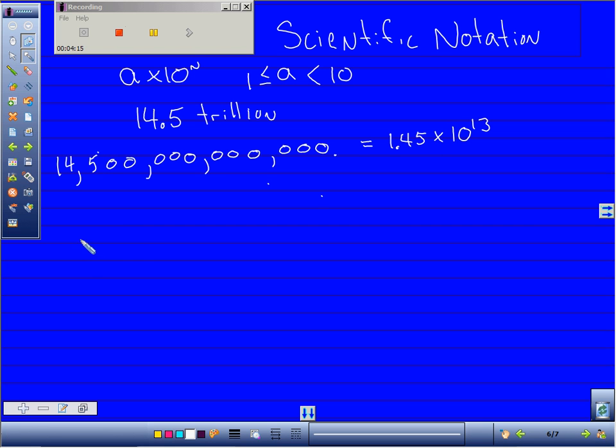Pretty good. Can anyone think of anywhere where we would have a really, really small number? Well, yeah, but anyone in science, have you talked about like the weight of an atom or something like that? That's a good one. Okay? If they weigh atoms, those have very, very small numbers.